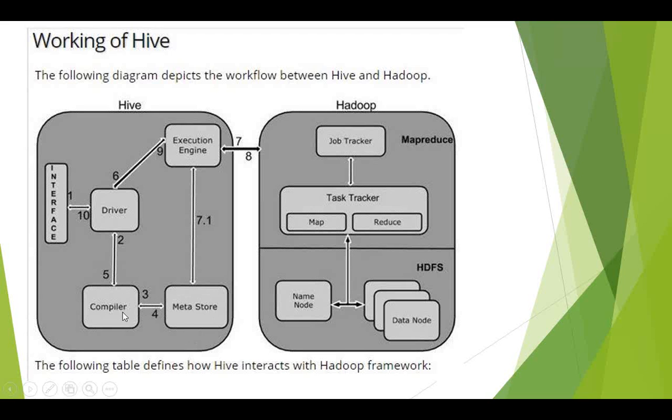After the meta store, it returns back to the compiler. Then from the driver, whatever query you type is sent to the execution engine for execution of the query. If needed, it will contact the Hadoop part, that is MapReduce and HDFS, and from there it will provide the complete output to the interface portion.